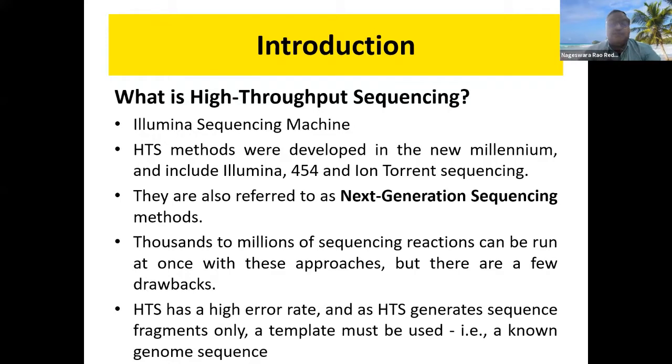HTS has a high error rate only when you use the template read but not the complement read. So this whole thing sums up to give you a high throughput sequence. What high throughput sequencing is: running thousands to millions of sequencing reactions at once.